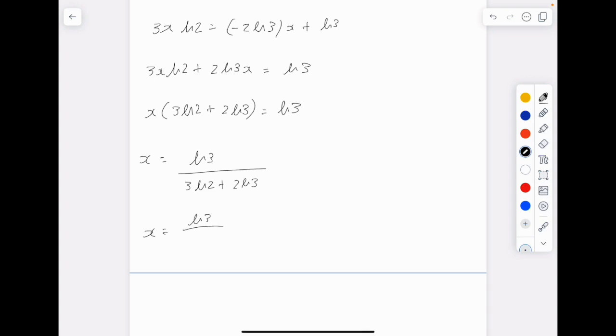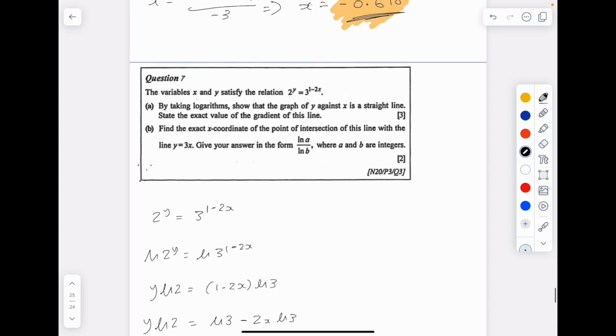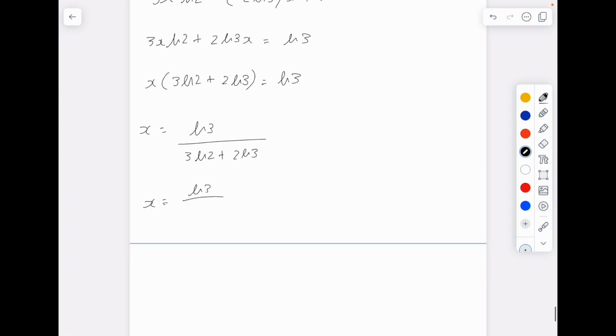Do I want to simplify it in a certain way? Ln a over ln b. So ln 3 over ln 2 to the 3 plus ln 3 squared. Remember log rules.